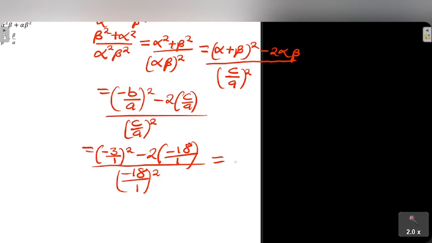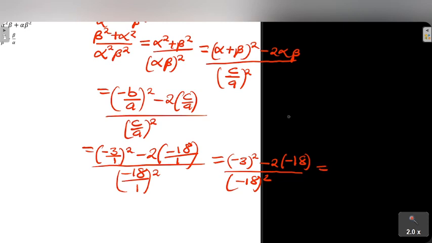So now this one will give us negative 3 over 1. That's negative 3. Then we have the power 2, minus 2 open, negative 18 over 1, we have negative 18. Then down we have negative 18 divided by 1, it will be negative 18. Then remember this is squared there. So here, what are we getting?